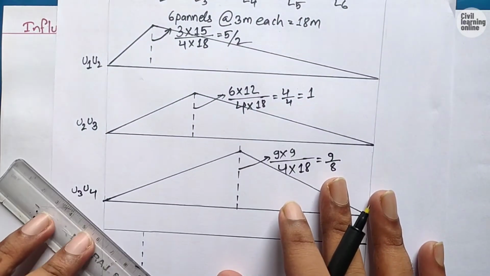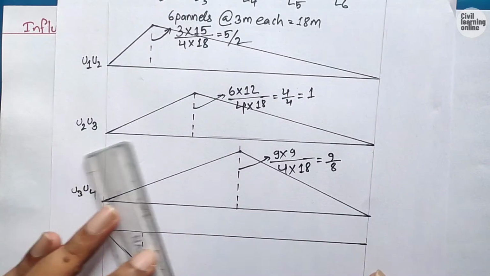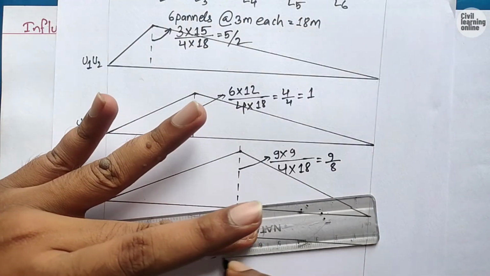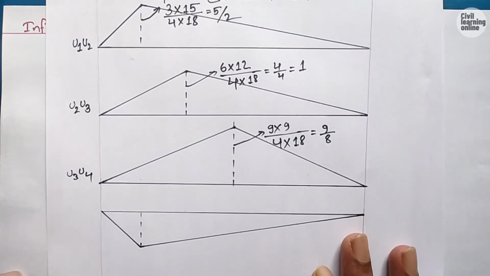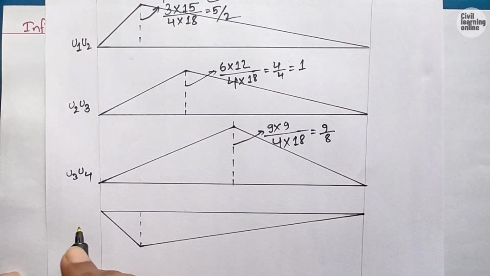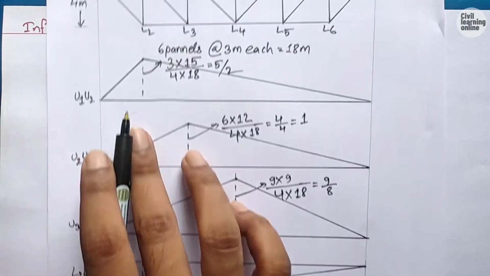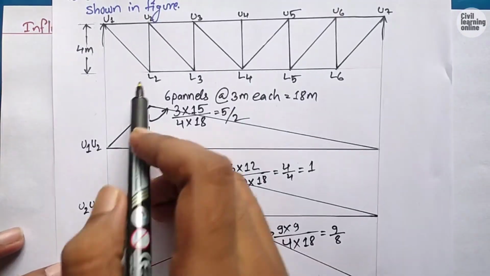We can write it here, join this straight line. Now this is the influence line diagram for the member L2 L3, and we can easily calculate its height.